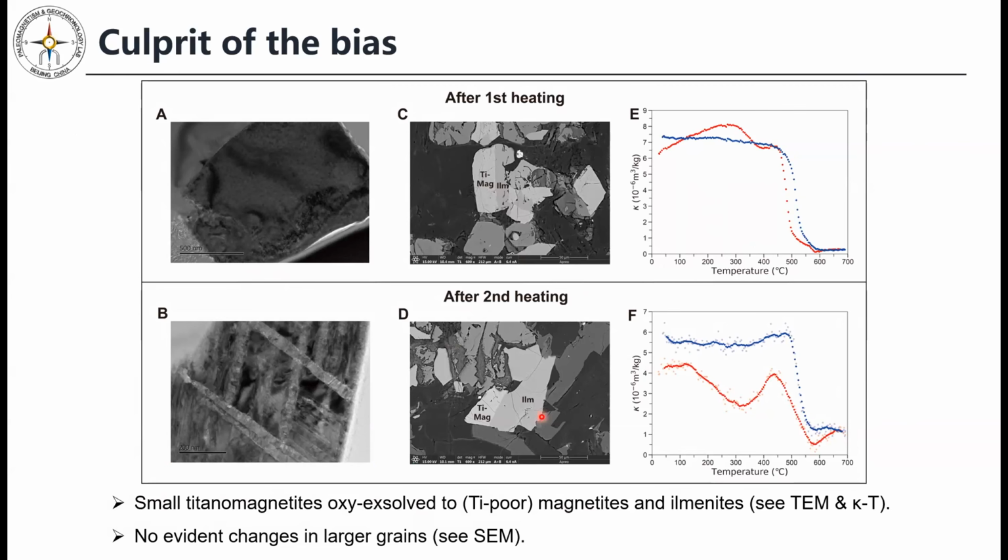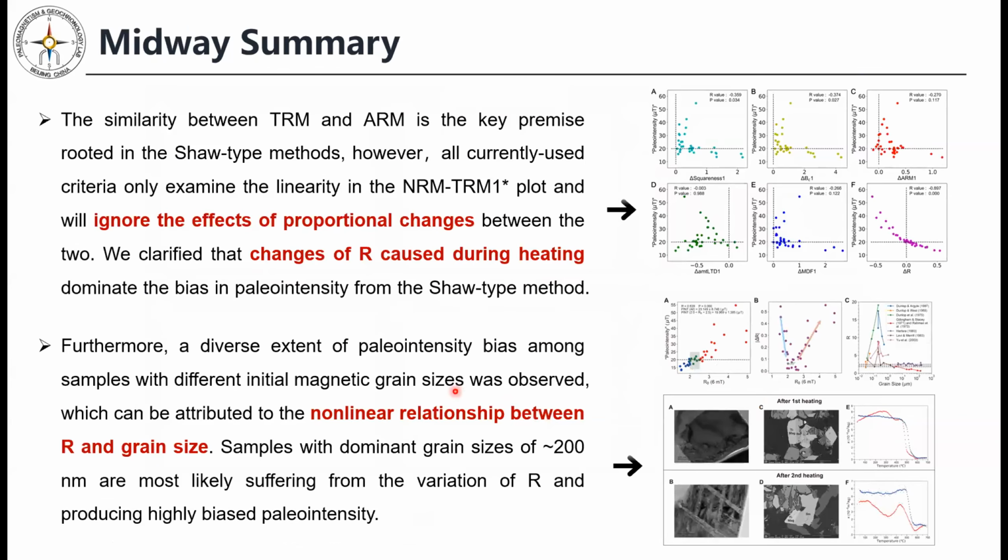So we have demonstrated that the change of R is caused by the reduction of the grain sizes of the magnetic minerals. And this is a midway summary.